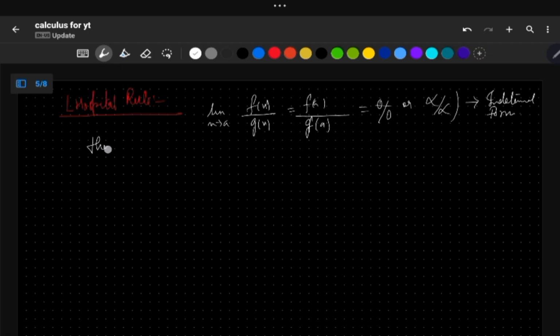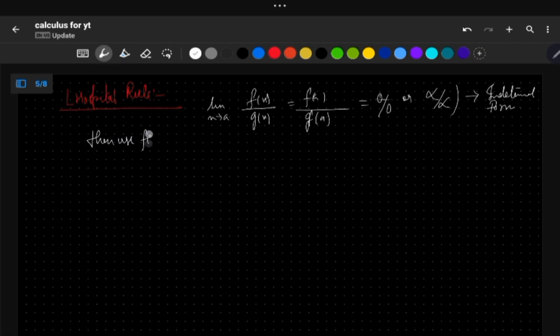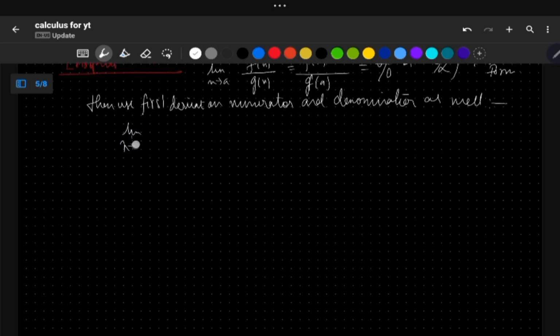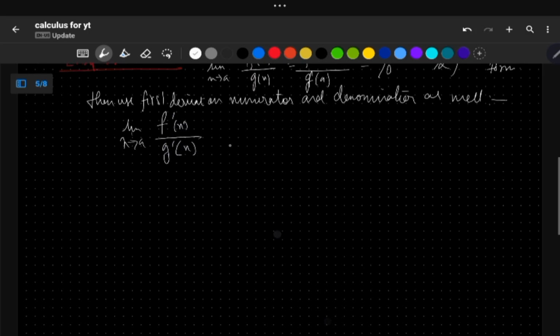Then we use the first derivative on the numerator and denominator as well. After the first derivative, the function becomes limit x tends to a of f dash x by g dash x, provided g dash x is not equal to 0.